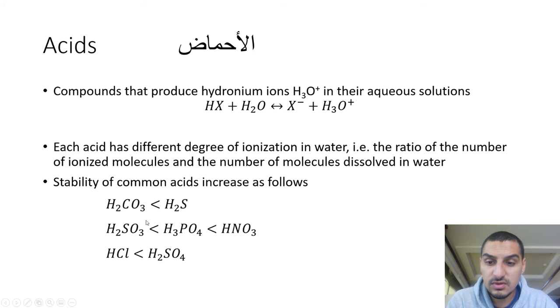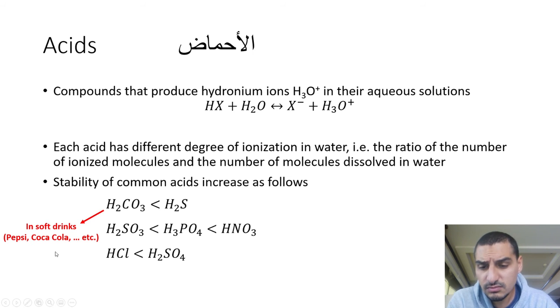For instance, carbonic acid is a very weak acid, and we actually drink it in soft drinks like Pepsi, Coca-Cola, and stuff like that. Carbonic acid is weaker than H2S. H2SO3 is weaker than H3PO4, weaker than nitric acid. HCl is weaker than sulfuric acid. So there are different levels of strength for acids.